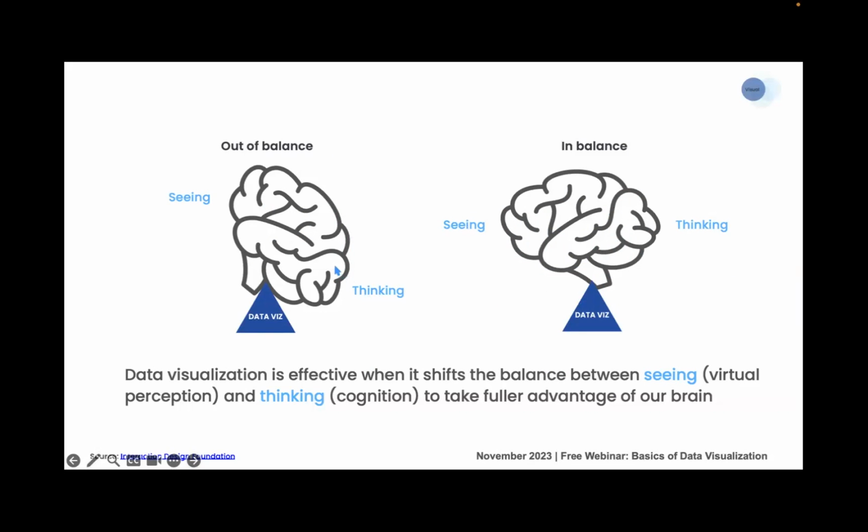If data visualization is not working really well, thinking will get heavier, seeing is not working. So good visualization has to be simple, and the thinking process has to be smaller, meaning the energy, the brain consumption has to be much easier.